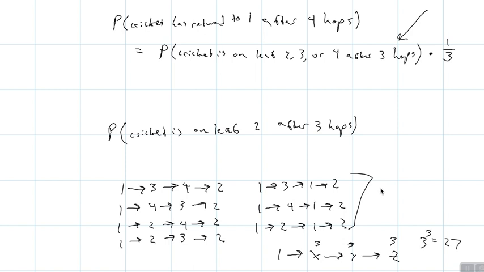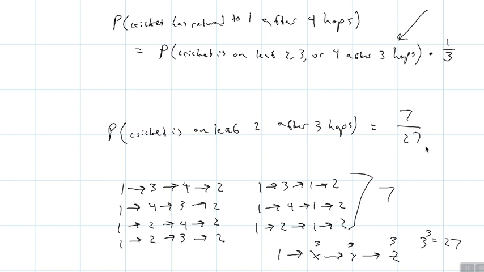And since we have 7 ways in which the cricket ends up on leaf 2 after 3 hops, this probability is 7 over the total number of ways in which a cricket can hop to different leaves, which is 27.